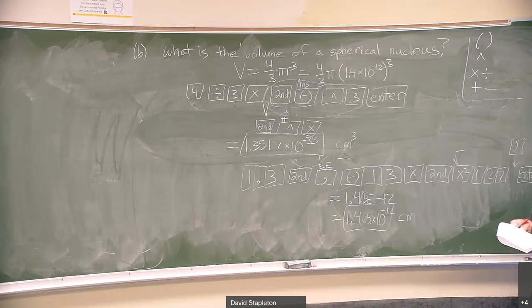If the density of the nucleus is measured in mass per unit volume, what is the mass of the nucleus? Oh, I'm sorry, I should have said, what is the density of the nucleus?